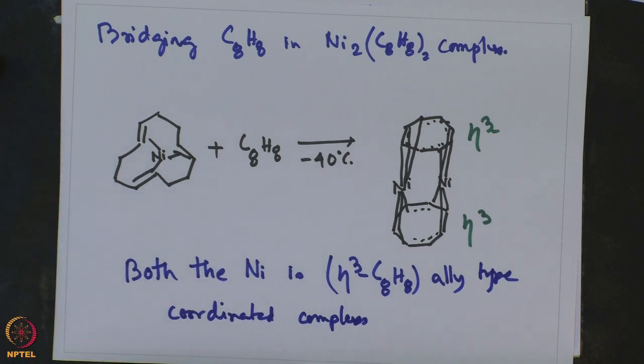So, with this I would like to conclude our discussion of C8H8 type of complexes. Particularly in this lecture, we have looked into the structure and reactivity of the C8H8 type complexes, and what we had seen is that the C8H8 type complexes can bind in both the fashions, bridging and terminal, and also it can show change in hapticity which can vary a lot.